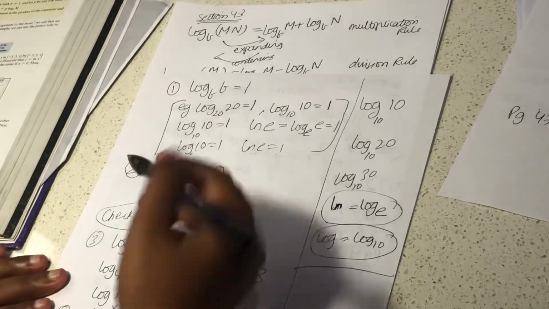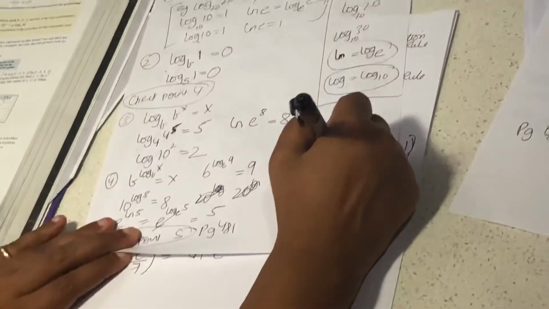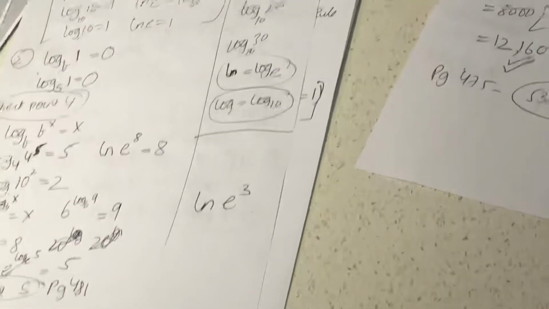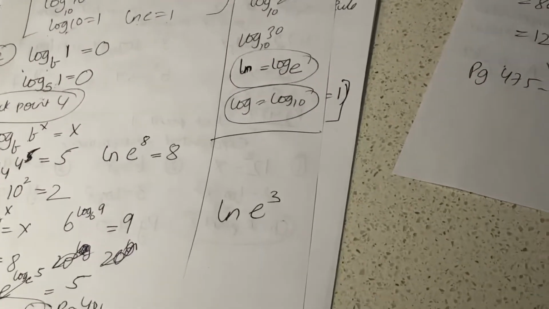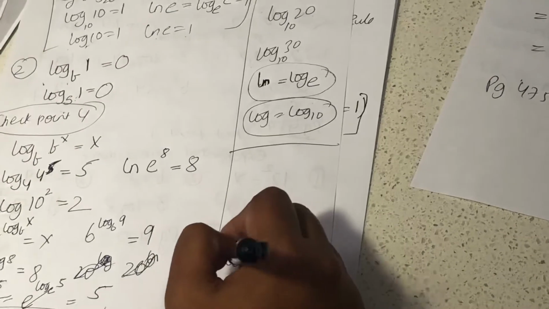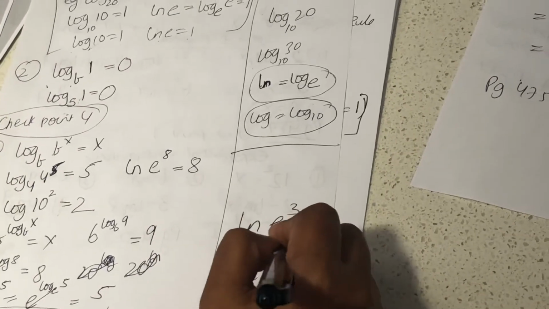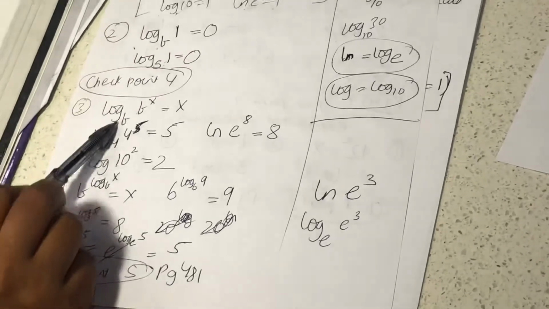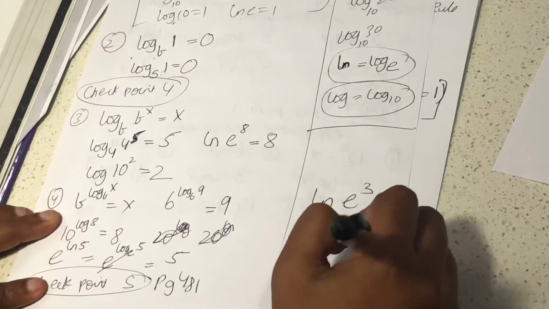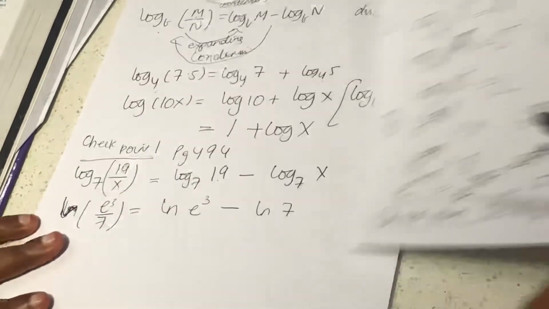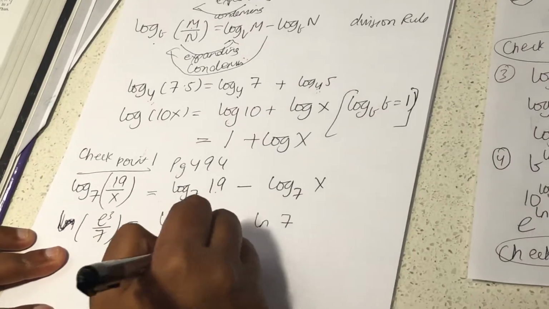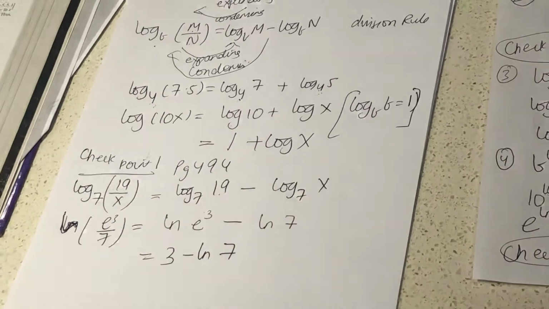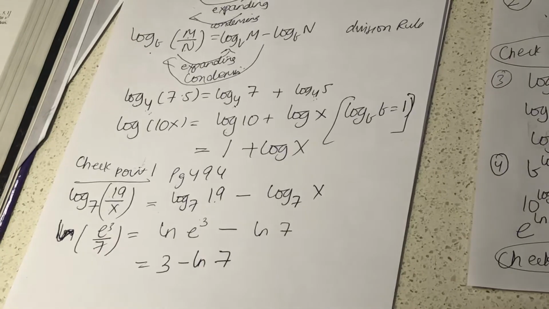So any of these, 1, 2, 3, 4. What you have here is ln e^3. What is ln? Log base e of e^3. Does it look like this? No. Does it look like this? Yes. So it becomes equal to 3. So you can write it here as 3 minus ln 7.